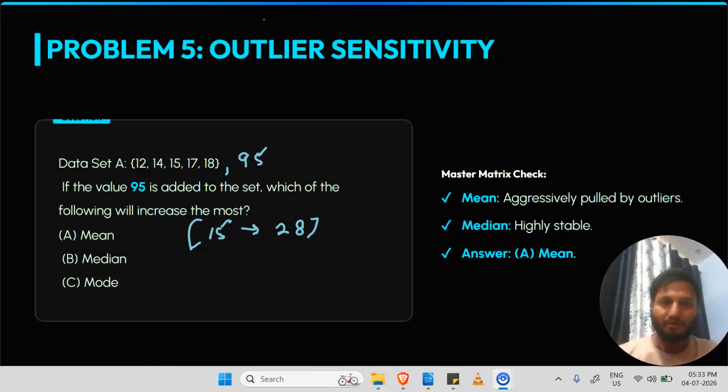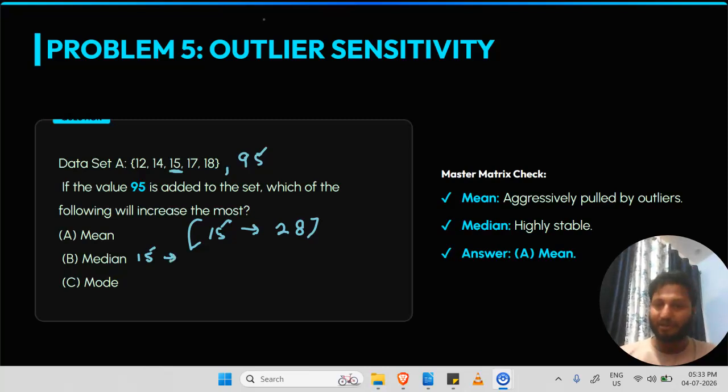What about the median now? If you look at these five original data points, 12, 14, 15, 17, 18, they are already in ascending order. And what's the median? Median is the middle value when all data points are arranged in increasing order. So here the middle value is 15. So the median for the original data set is 15.